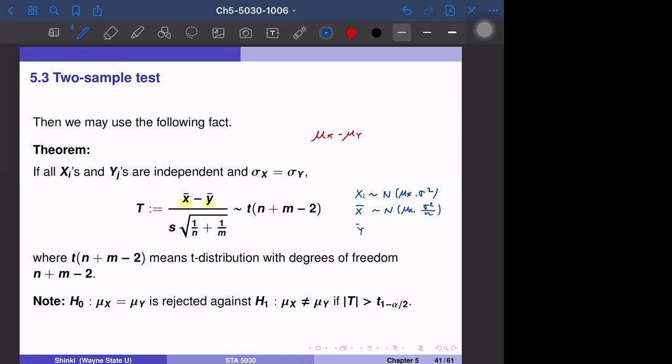In the same way, y bar follows normal mu y, sigma square over m. So we have to consider the variability of x bar minus y bar. x bar minus y bar follows normal, mu x minus mu y, and the variance sigma square over n plus sigma square over m. So we have to put this quantity here, I mean, the square root of this.